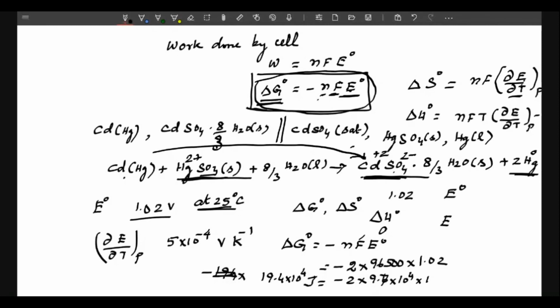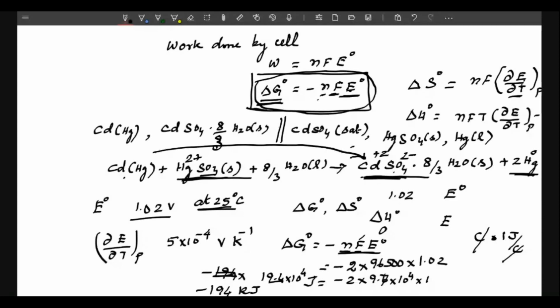Why is it joule? n is merely a number. F is nothing but coulomb per mole. Volt is nothing but 1 joule per coulomb. With coulomb and coulomb cancelled, the net unit is joule. Therefore, now you are having the value minus 195 kilojoule. 10 power 3 joule is equal to kilojoule, and the remaining 10 power 1 is added to this, and you are getting the value minus 194 kilojoule.